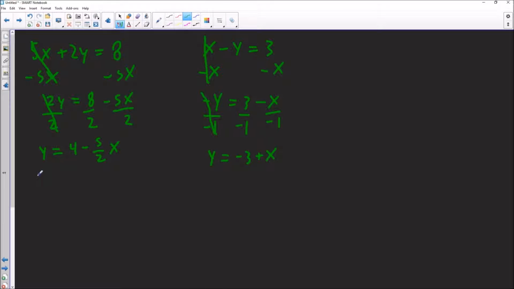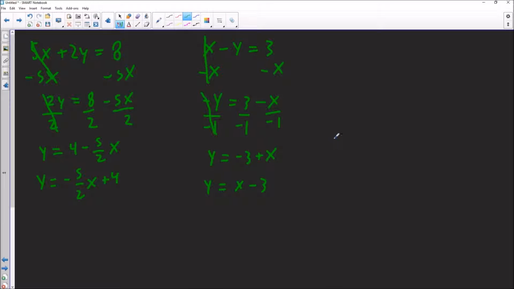So now what we can do is actually graph these, because if we write them in slope y-intercept form, we have y is equal to negative 5 over 2 x plus 4. So our slope would be negative 5 over 2, and our y-intercept would be 4. And this one would be y is equal to x minus 3, where our slope is just 1, and our y-intercept is negative 3.